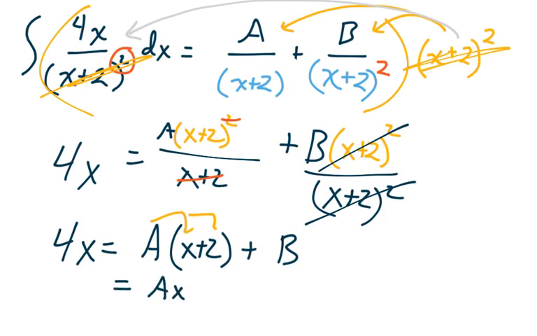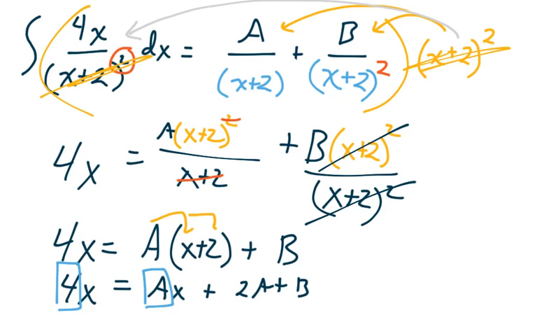Really, the only terms that need collecting are this 2A and this 1B. They're going to go beside each other. This Ax here is what's going to be needed for us to start setting up our system.